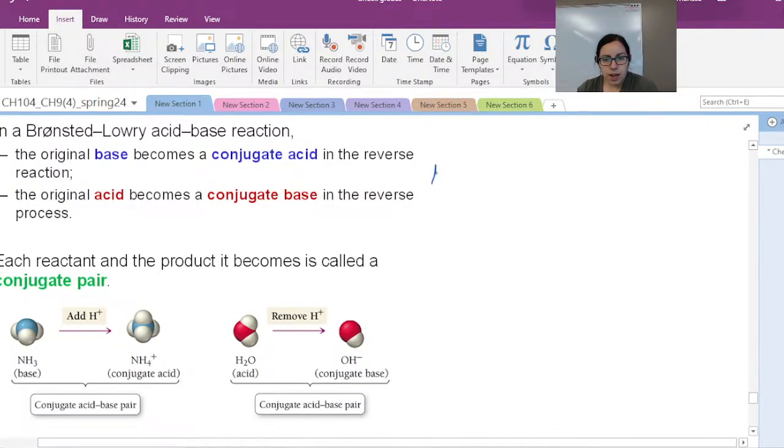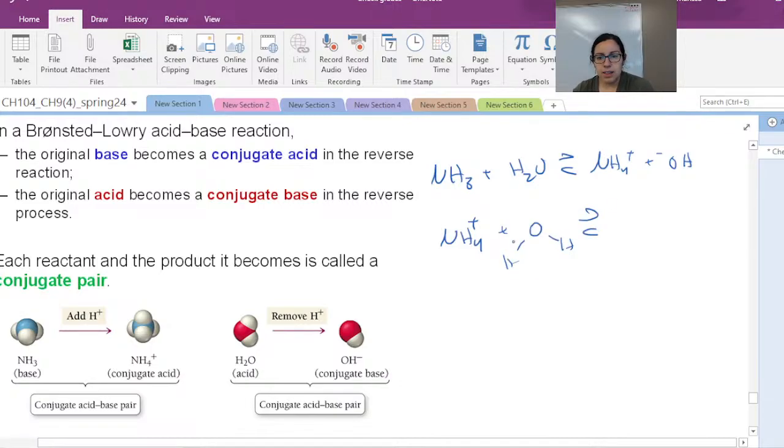So just like we had our ammonia plus water gives us ammonium and hydroxide, now we can take that ammonium, re-react it with water, and then form our base plus hydronium in this case.